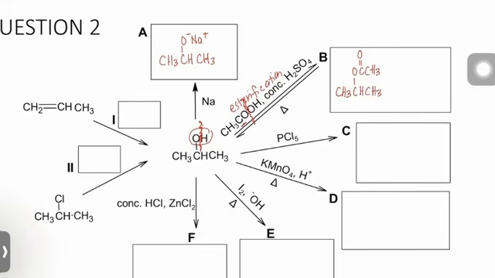Now for the structure of C. 2-propanol reacts with PCl5. This is a substitution reaction, where the OH group will be substituted with chlorine from the PCl5.